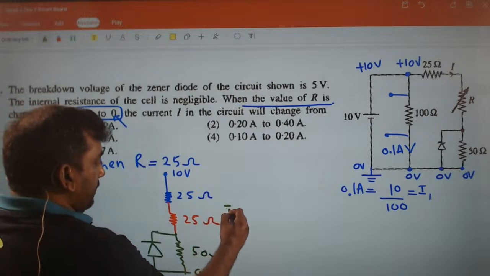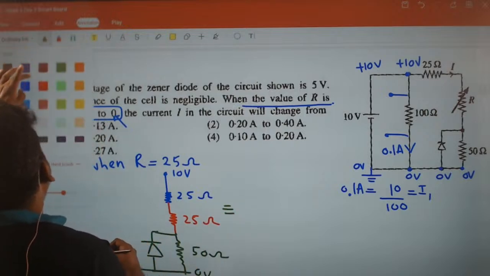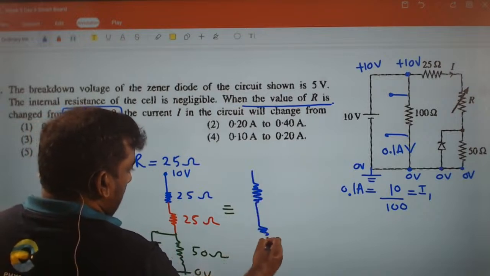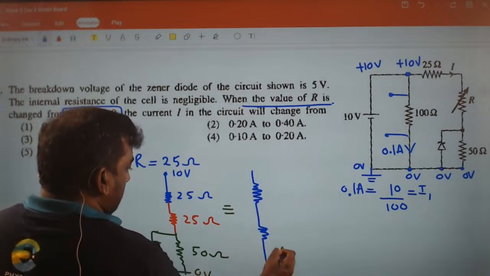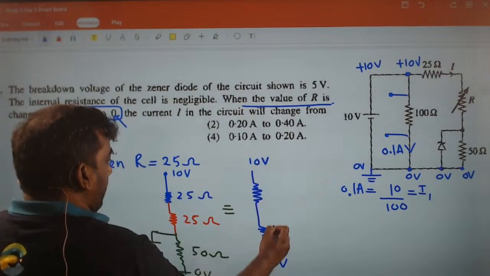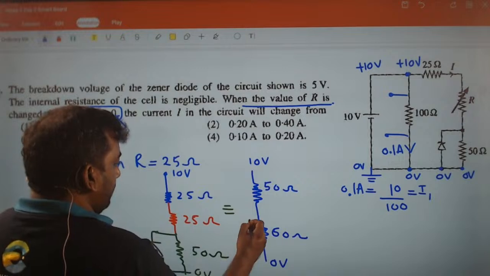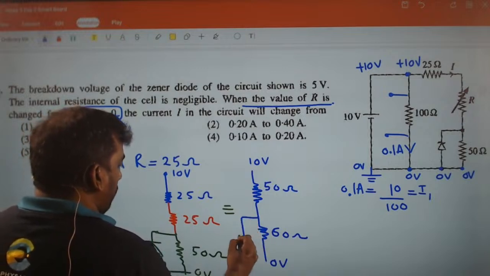What can you say? Here 50, here 50. 0 volt here, 10 volt there. 50 ohm here, 50 ohm there. Here you have diode.